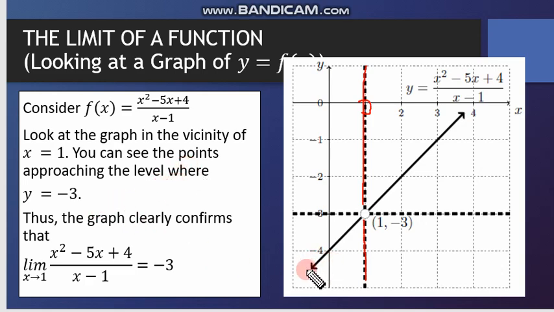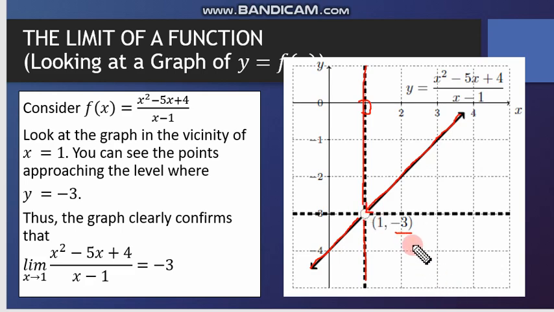So let's check. As we trace it approaching x is equal to 1, we could see that y is equal to negative 3. Here at the right side, we trace the graph approaching x is equal to 1.